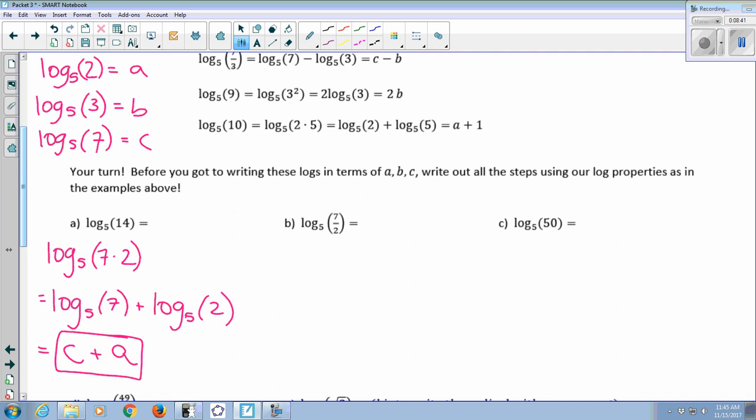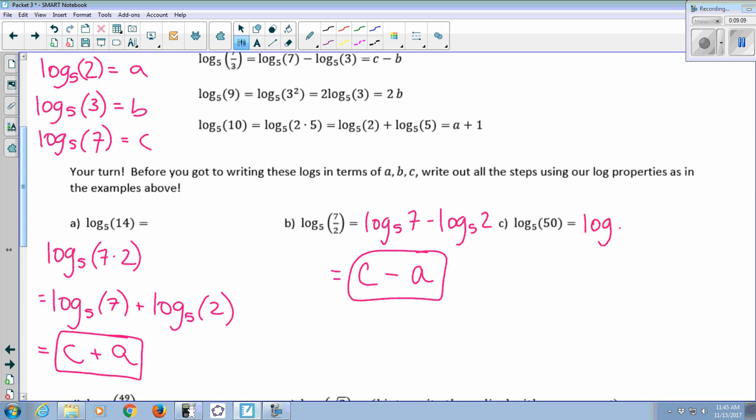Log base 5 of 7 over 2, well, that's log base 5 of 7 minus log base 5 of 2. Log base 5 of 7 is C. Log base 5 of 2 is A. C minus A. Log base 5 of 50. So I'm going to rewrite 50 as 25 times 2.